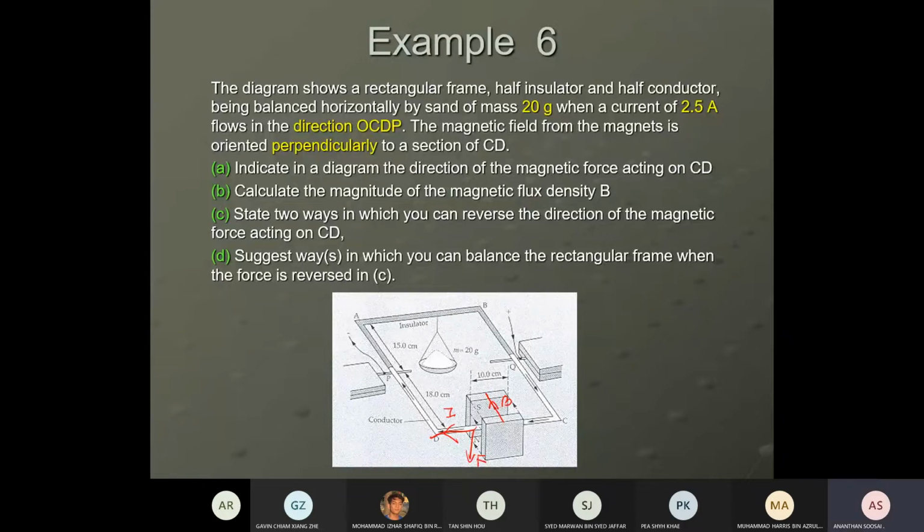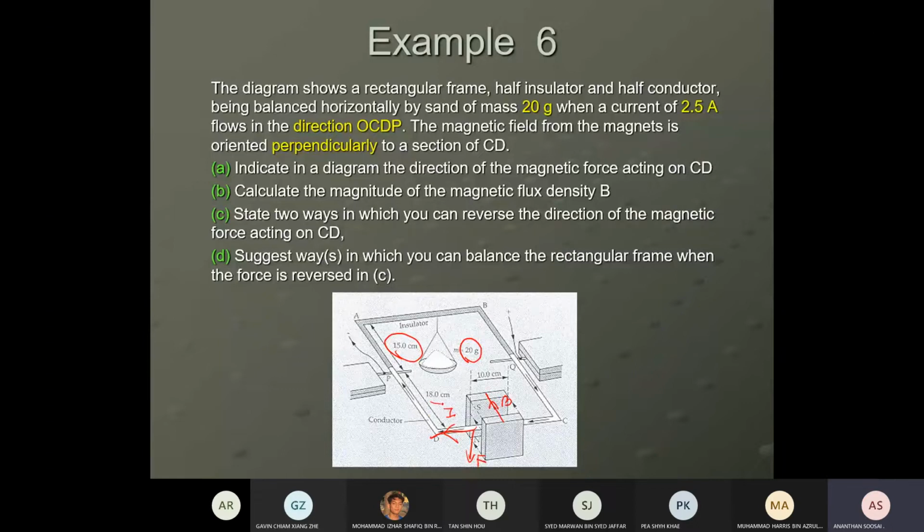Okay, calculate the magnitude of the magnetic flux density. So how do you do that? Anyone? Moment, right? The weight of 20 gram times what? 15 centimeter. The moment caused by the weight must equal the magnetic force times the length.